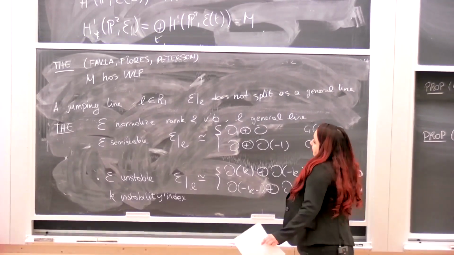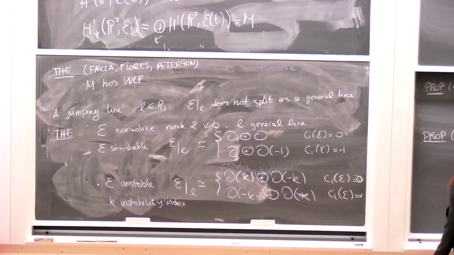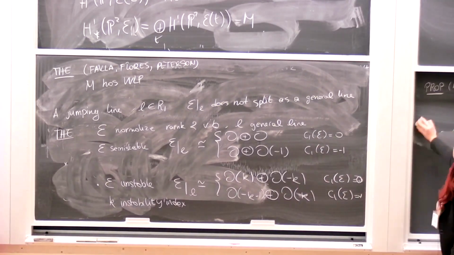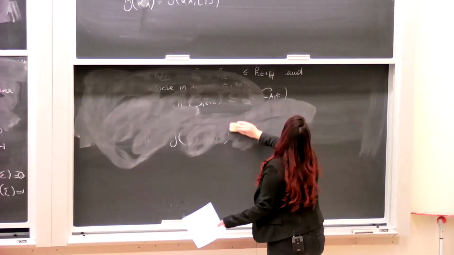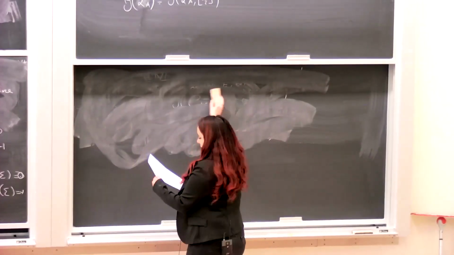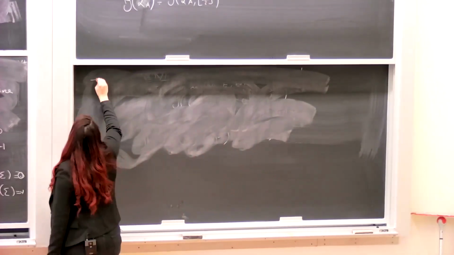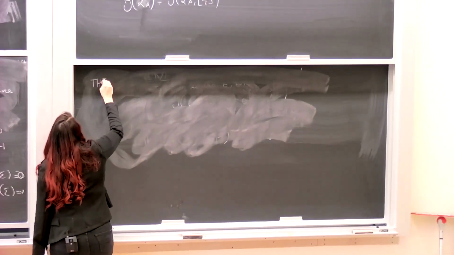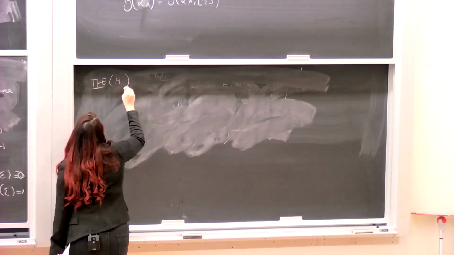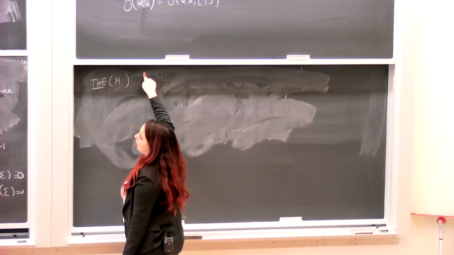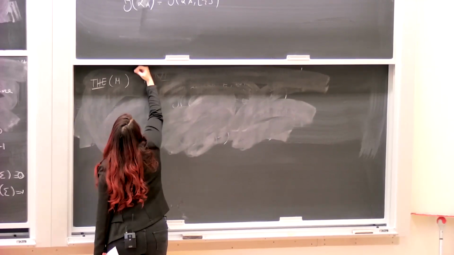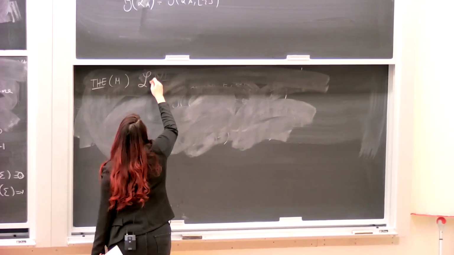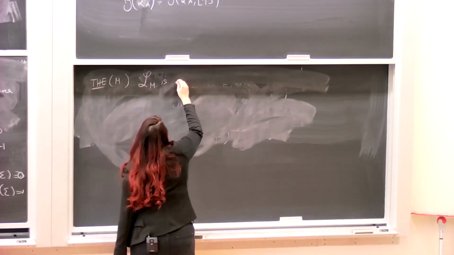Okay, so now we have this, and we can actually check if the condition of splitting like a general line is also necessary for having the weak Lefschetz property. And we have a theorem: the non-Lefschetz locus of M is exactly the set of jumping lines.